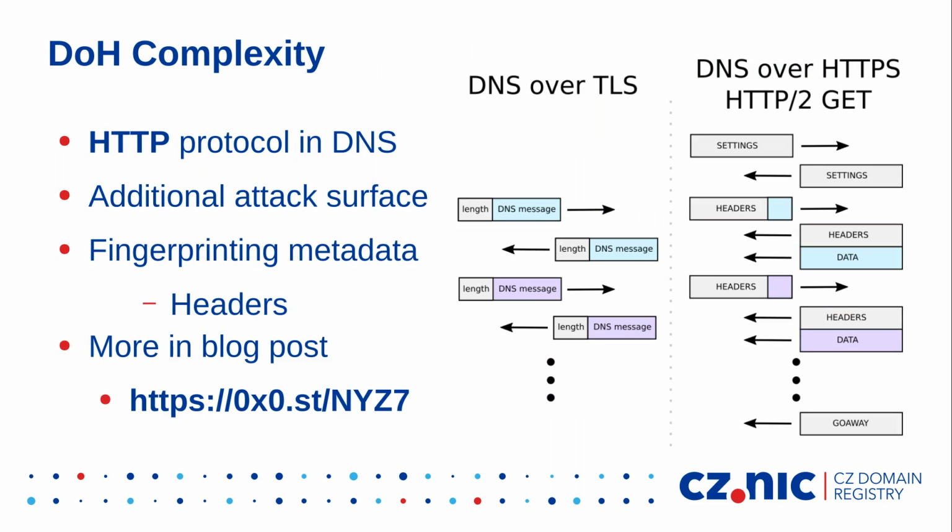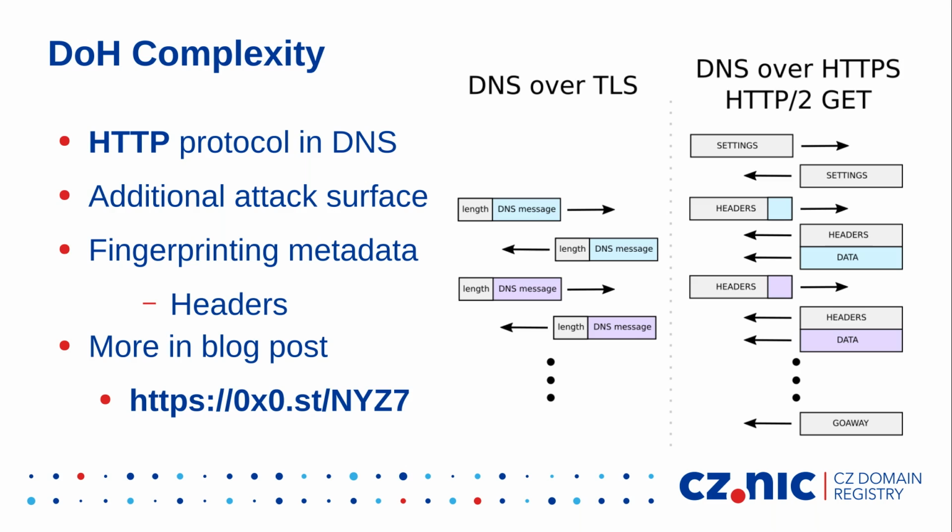So all of this probably seems very complex, and it's because it is. To illustrate that, I have an image that compares what happens inside the encryption layer, and the colored boxes are the actual content, the DNS query and the reply. There are two pairs of those.